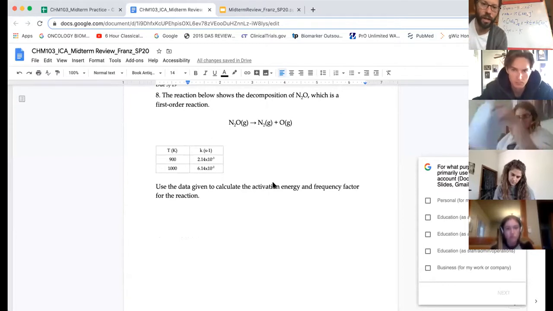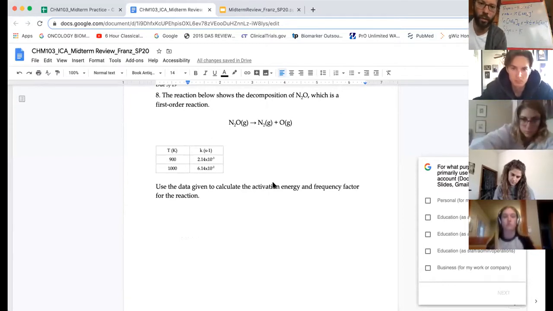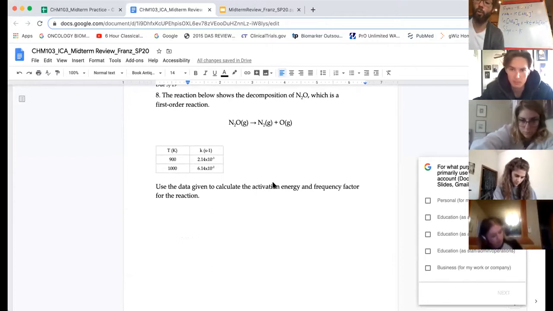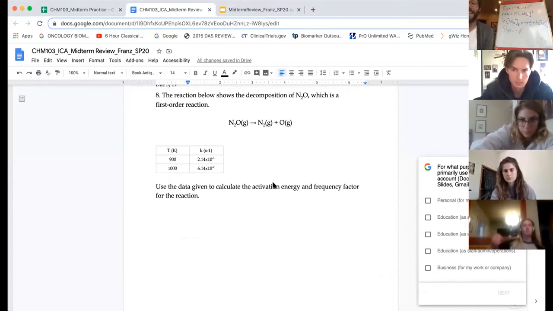it's asking for activation energy and frequency factor. So EA and A, right? They give us a few data points and we have to figure it out, right? Now, this isn't enough to plot, but we don't need to plot it to get the answer.